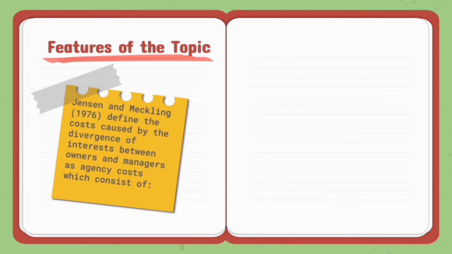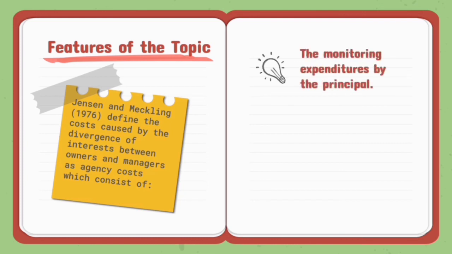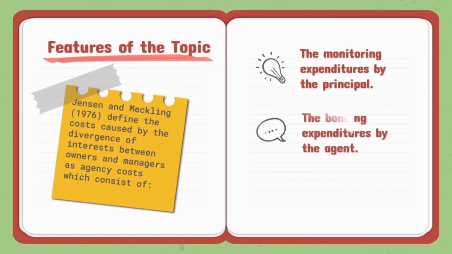the monitoring expenditures by the principal. Monitoring costs are incurred when the principals attempt to monitor or restrict the action of agents. The bonding expenditures by the agent. An agent may commit to contractual obligations that limit or restrict the agent's activity, resulting in bonding costs incurred by the agent.